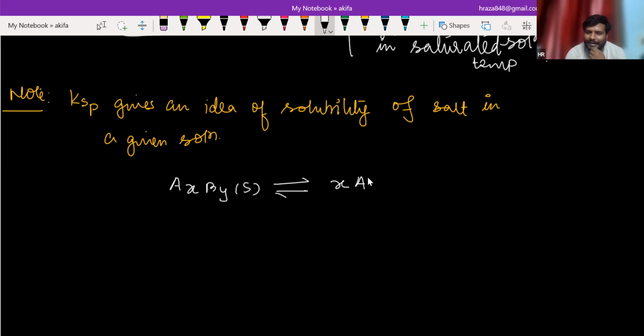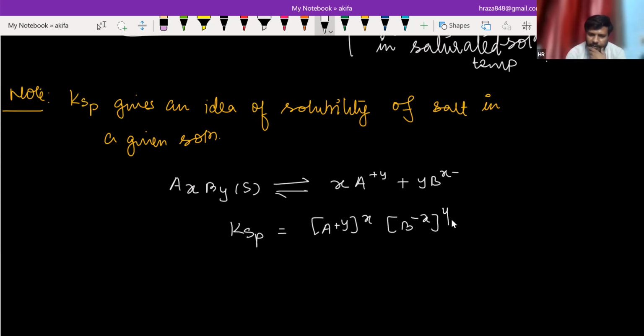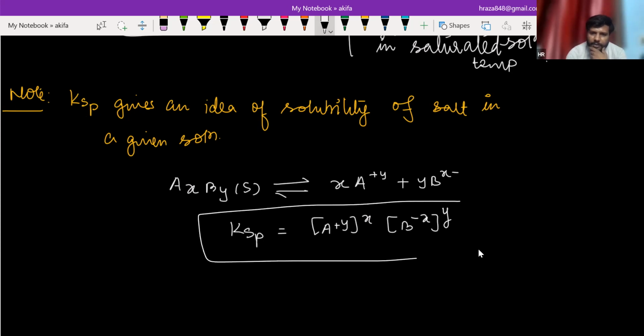It will give xA raised to the power plus y and yB raised to the power x minus. And if you write KSP for this, it will be A, that is the cation, raised to the power x, and B, that is the anion, raised to the power y. This is basically KSP. In terms of AB it was very easy, and this is also easy, not tough.